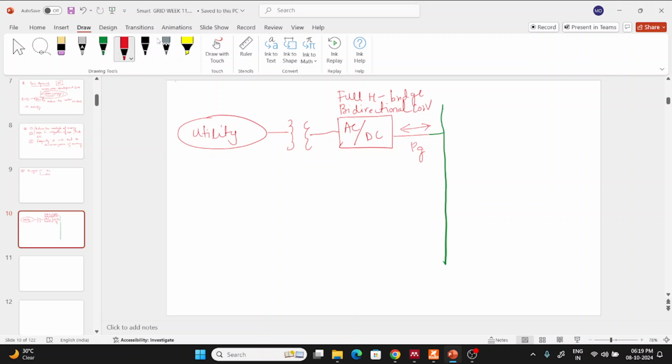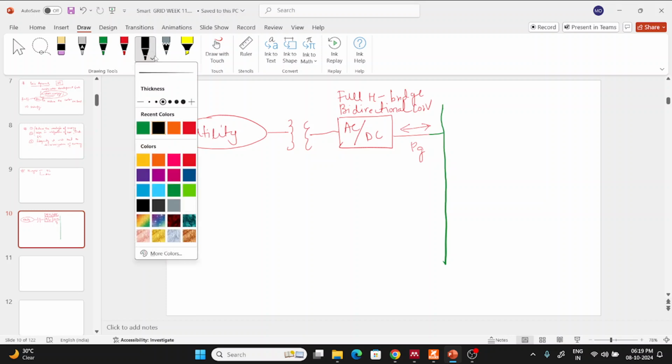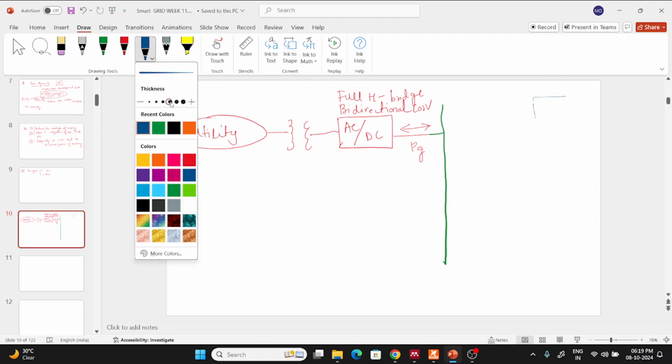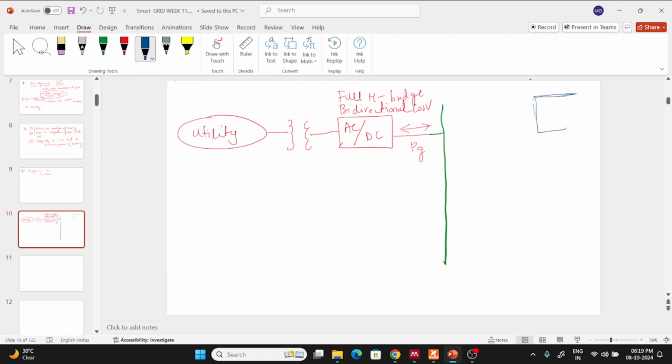Now, the PV panels produce DC supply, so they will be connected through a DC-DC converter to control the voltage supply. This is generally a boost converter, because it helps in controlling the output. I will write it down here as PPV.